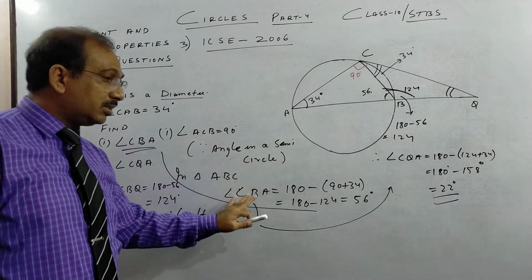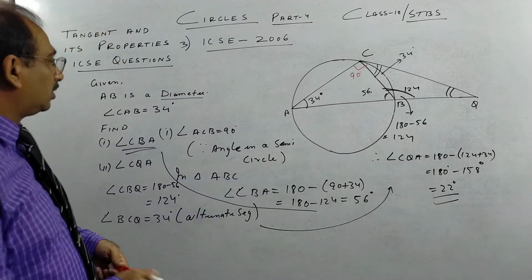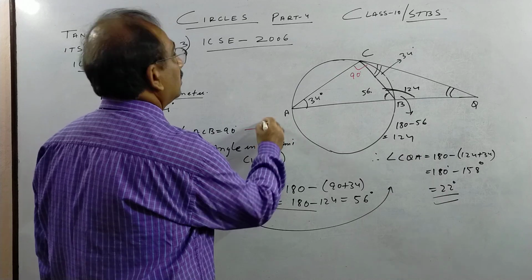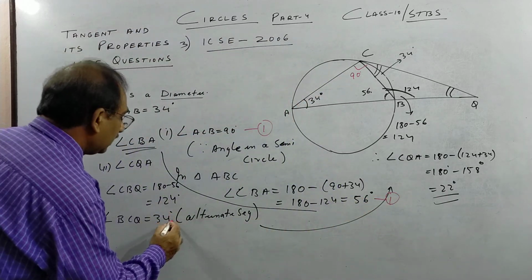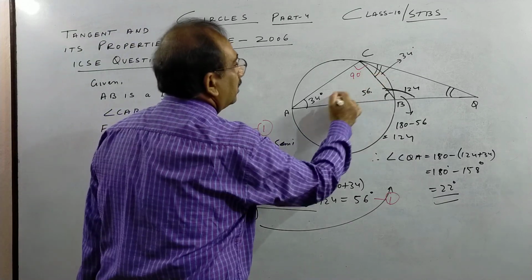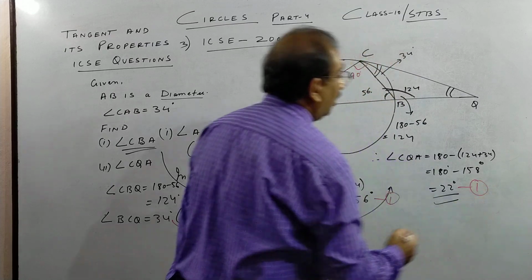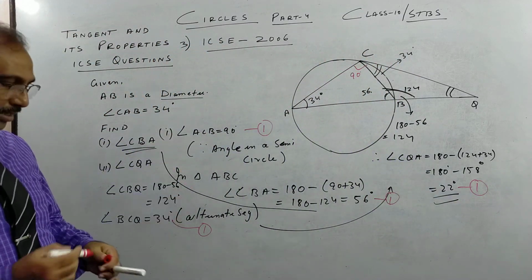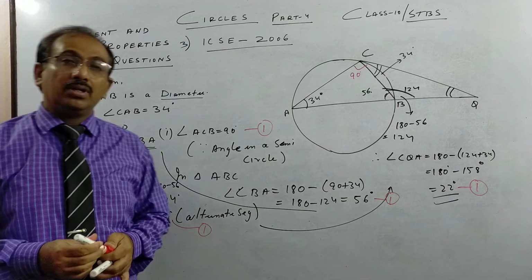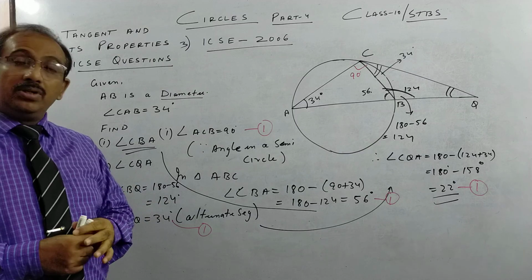You'll say if I don't write the theorem, what happens? From your final marks 1 mark will be subtracted. So remember, 1 mark for getting this 90 degree, 1 mark for this, 1 mark for writing this 34 alternate segment, otherwise you will not get the value, and last 1 mark is for the answer. So if this is a 4 mark question, this is how you will get, and the theorem you have to write, otherwise minus 1.